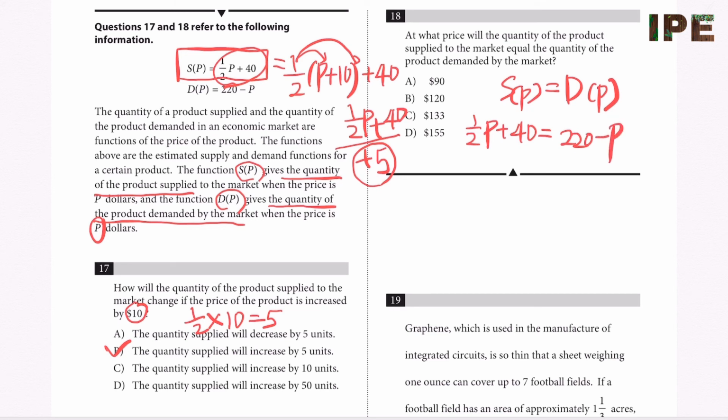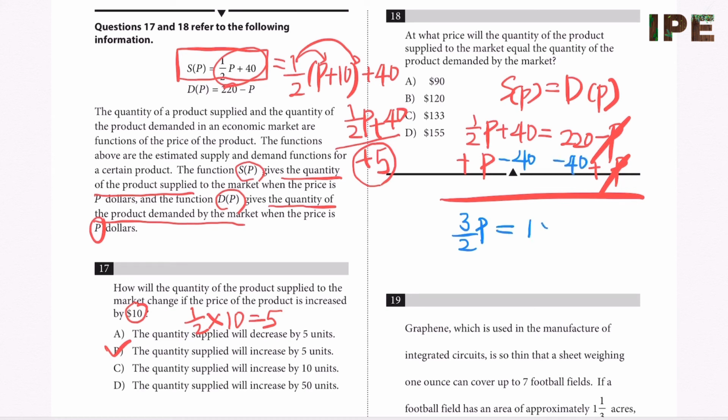A simple equation, so add P first. Cancel out. So 1/2 P plus 1P is going to be 3/2 P, and then subtract 40, is equal to 180 because this number cancelled out.